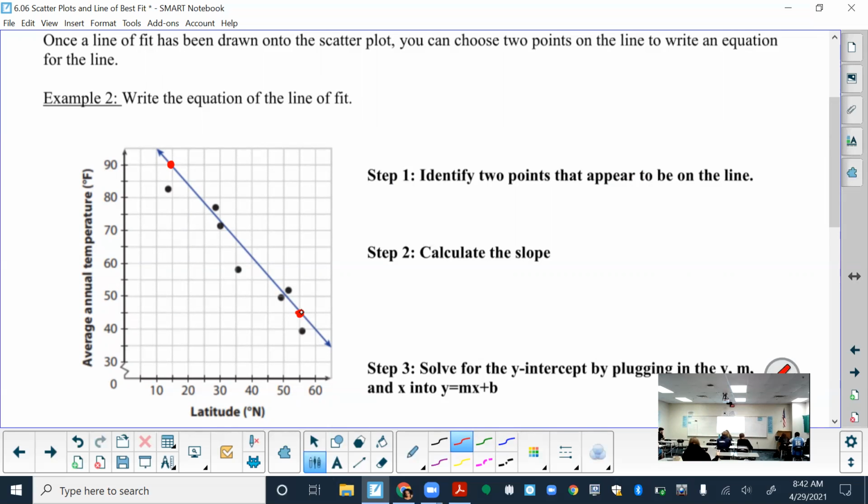You can even pick different points than me. Your answer might not be exactly the same, but it'll be really similar. All right, so those 2 points that I picked, can't really see them from here. So I have 15 for the x value on this point and 90 for the y value.